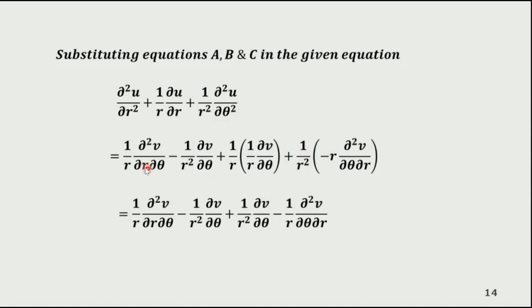So here (1/r) ∂²v/∂r∂θ minus (1/r²) ∂v/∂θ plus (1/r²) ∂v/∂θ, इसको कैंसिल किया तो minus (1/r) ∂²v/∂θ∂r. तो दीज टू टर्म्स विल गेट कैंसल.